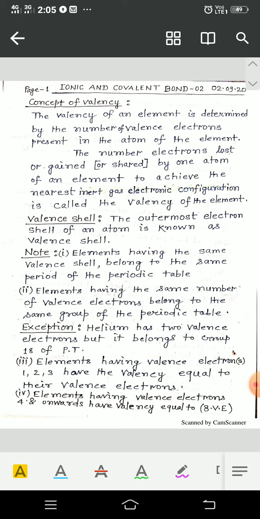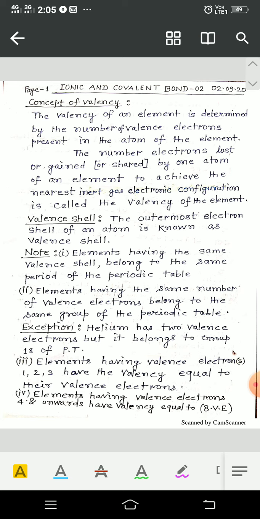Means any atom of an element, if it requires 2 electrons to achieve the electronic configuration like its nearest inert element, then its valency is 2.